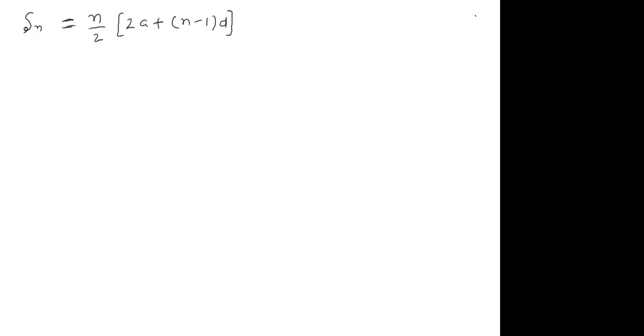So this is Sn is equal to n upon 2, 2a plus n minus 1 into d. Now tell me, what is a here? Sangamitra, you can unmute yourself. Can you tell me what is a? First term. Sir, I just joined a while ago, so I'm not sure. Okay, I'll get back.